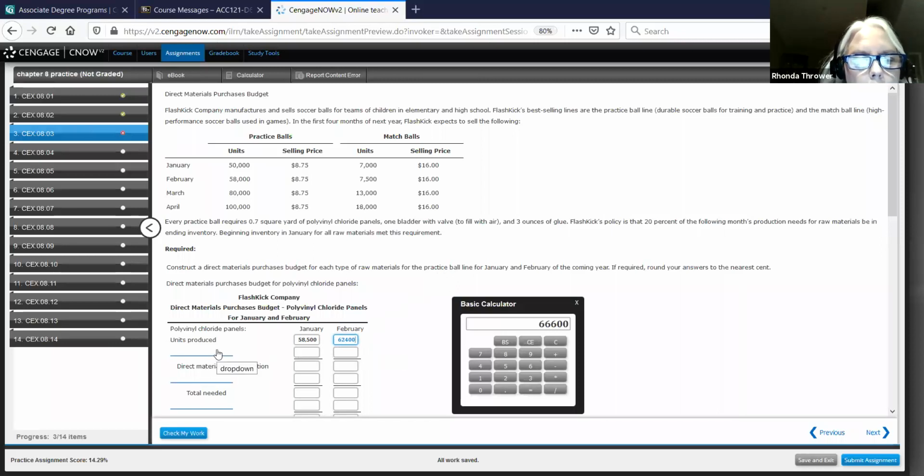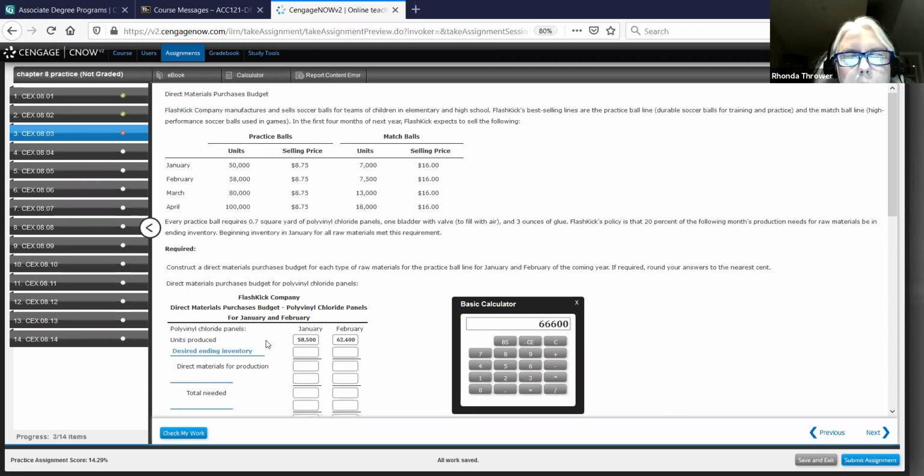And to this, we're going to need to add our desired ending inventory, just like we did with the direct materials purchases budget. We want to make sure that we have enough left over in ending inventory, but that's not going to go there. Hang on just a second. What we need to do here is figure out how much the direct materials are going to be for production.